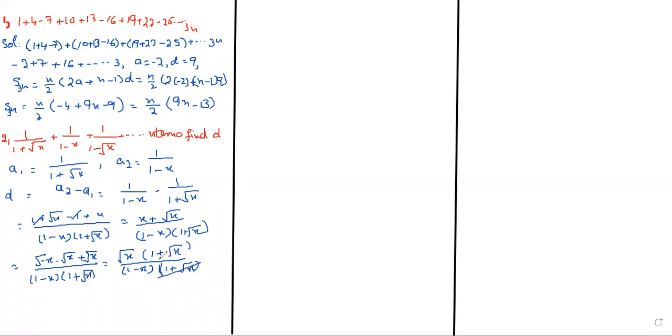So these two got cancelled, and we are left with d equals root x over 1 minus x. So this is our final answer. This is the value of d, and this is question number 2.